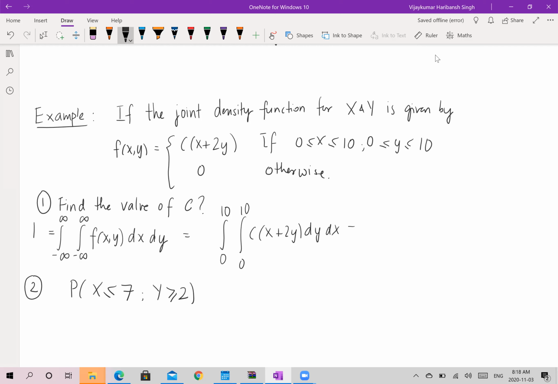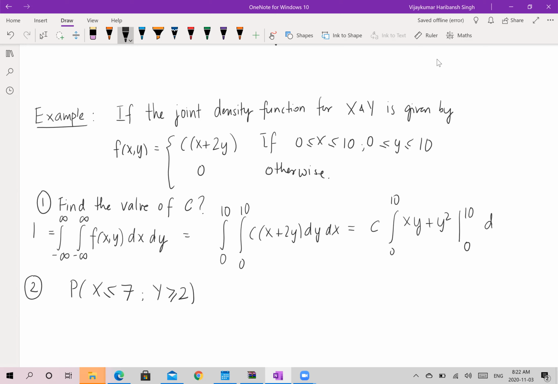So c comes out. Now we integrate with respect to y, so this is going to be xy plus y squared, with limits 0 to 10 for y.